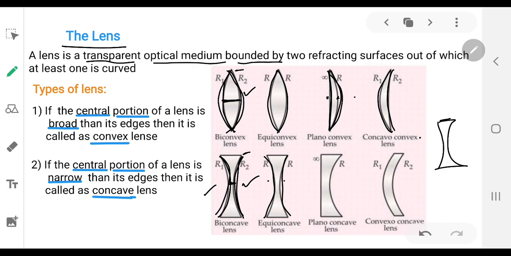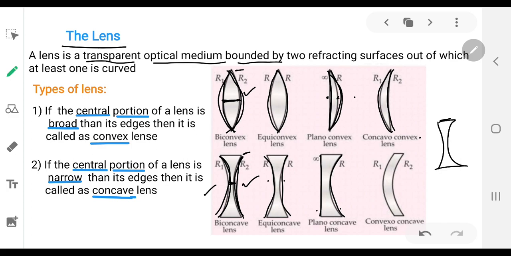Now, among two refracting surfaces, if one is plane and another one is curved, concave, then it is called a plano concave lens.